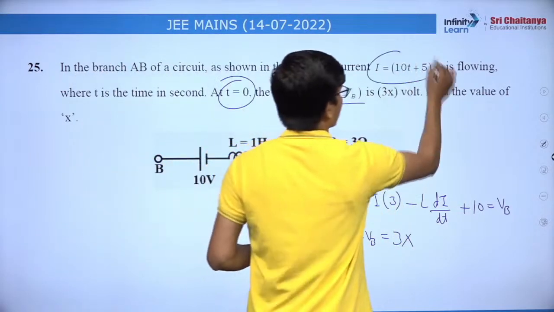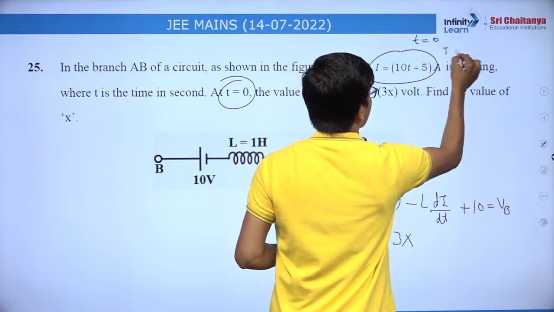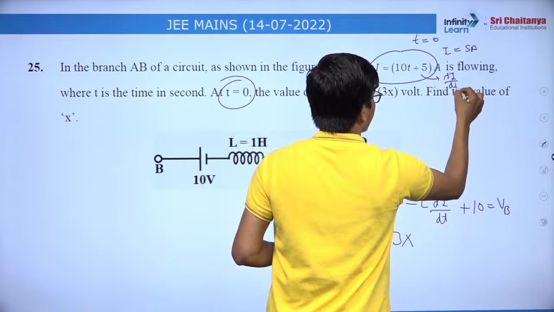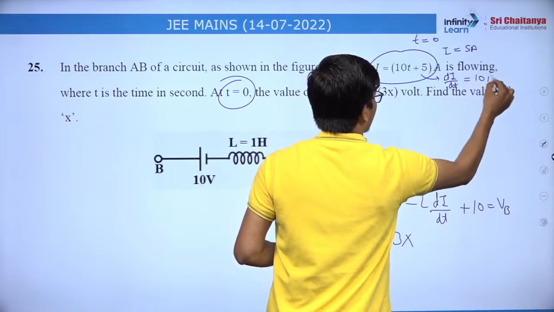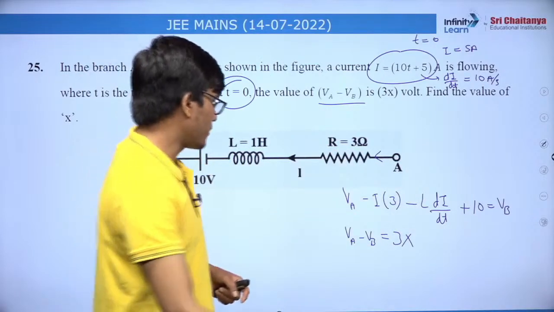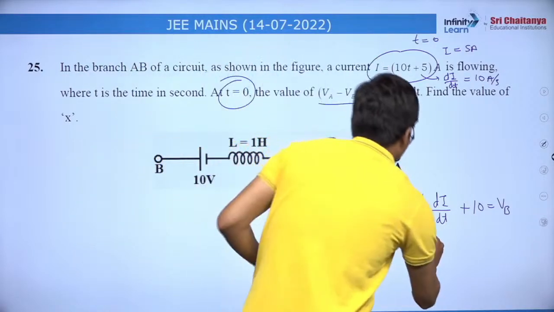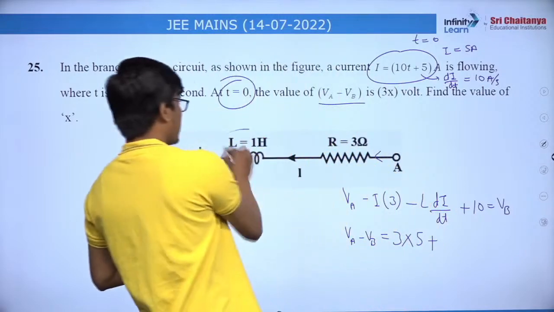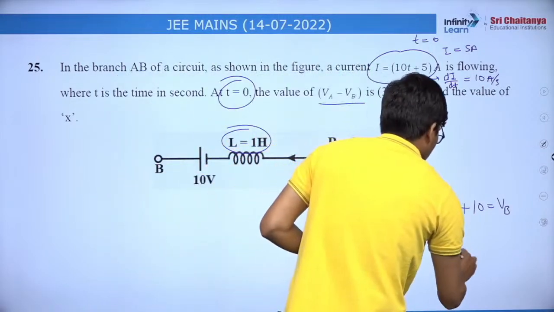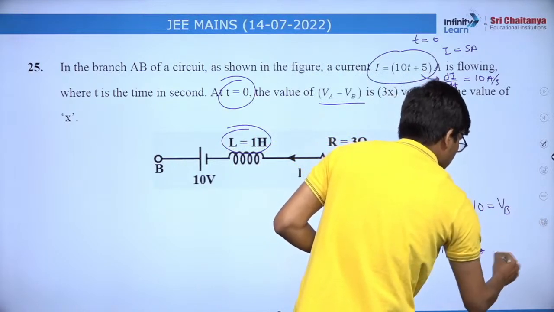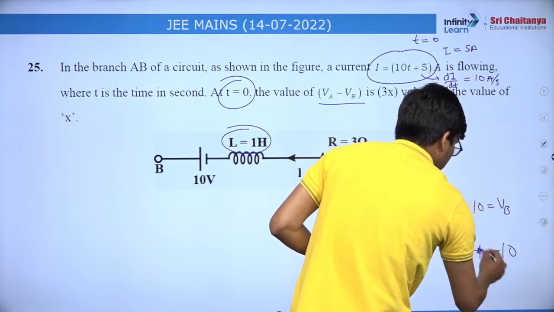So if you see the function at t equal to 0, current is 5 ampere, and if you find di by dt at any time, it will be 10 ampere per second. So at every second it is increasing by 10 ampere. So 3 into I is 5 ampere plus L is 1 henry written in the branch, and di by dt is 10, and this plus 10 will go that side and it will become minus 10.